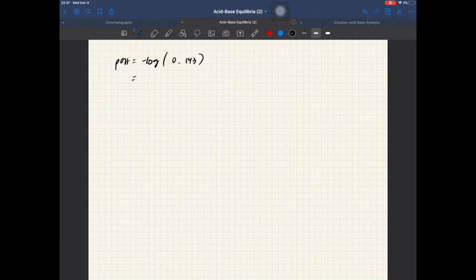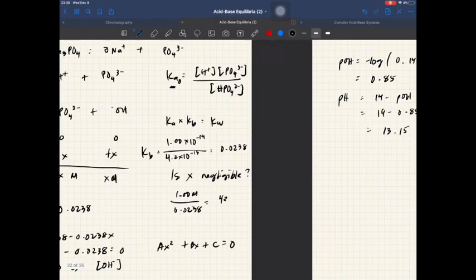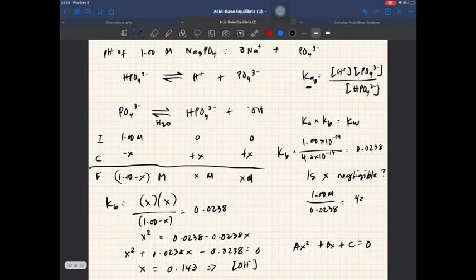Therefore, the pOH value would be 0.85. Calculate the pH by subtracting pOH from 14. We have 14 minus 0.85 is equal to 13.16 or 13.15.